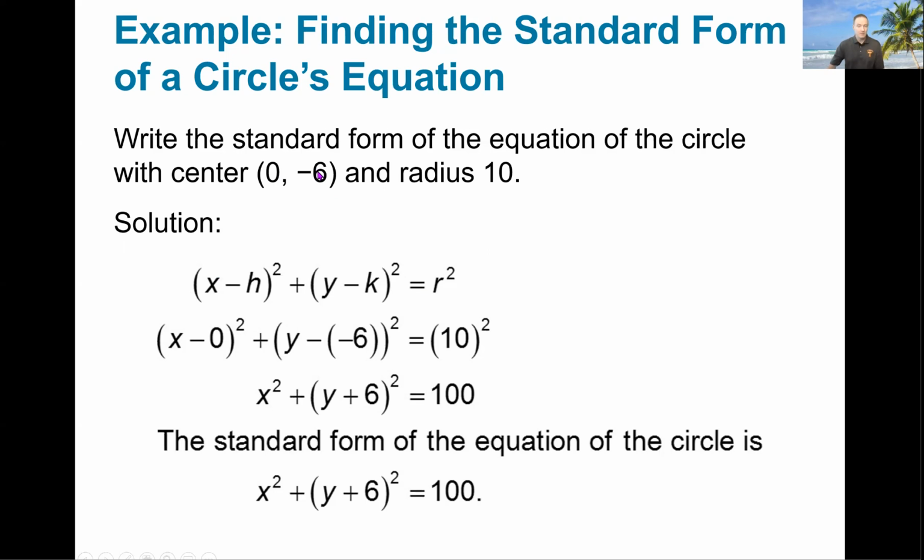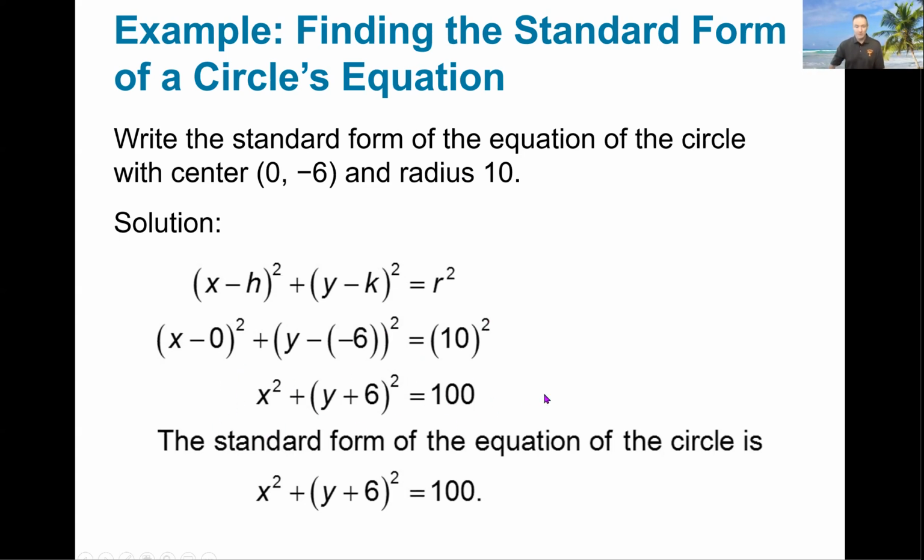If k is negative 6, then y minus k ends up being y plus 6 here. And then my radius of 10 becomes r squared, 10 squared, so I get 100 on the right-hand side. The equation of this circle in standard form is x squared plus y plus 6 quantity squared is equal to 100.